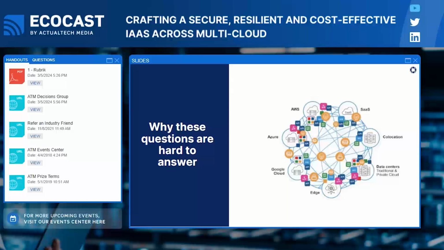SaaS is everywhere. Microsoft 365, Salesforce, Workday, you name it. I'm seeing more and more customers saying we're not cloud first, we're SaaS first. And then there's the sleeping giant in the conversation, the on-prem data centers, where most organizations still have a plethora of data that's just not going away.